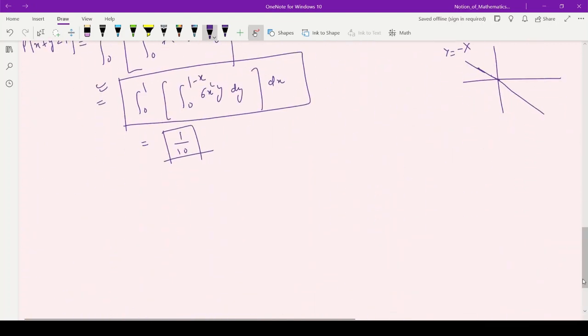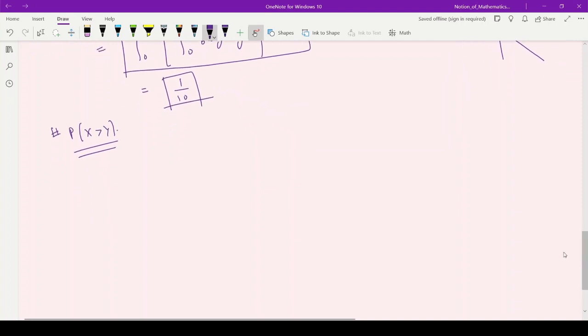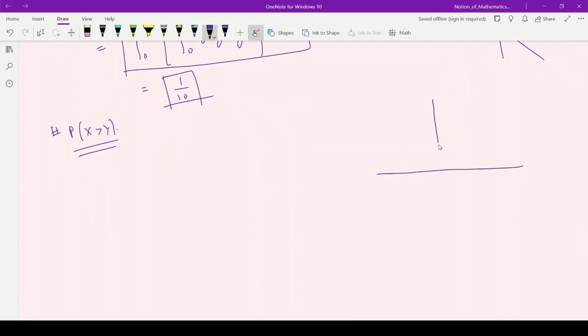So what would be the probability of x greater than y? Probability of x greater than y. So for this students, we know how to draw the line y equal to x.